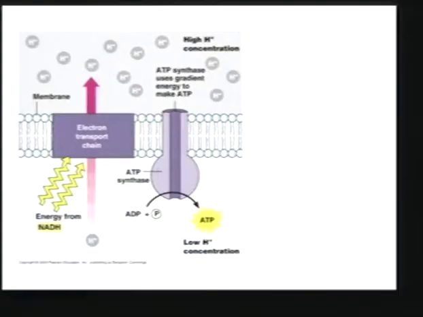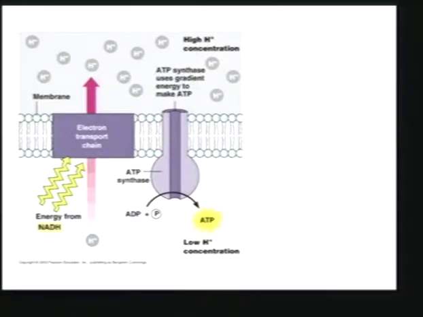All right, so here is what's happening in the mitochondrion. The energy from NADH, FADH2, those high-energy electrons, pass through the electron transport chain. That energy is used to pump hydrogen ions across the inner mitochondrial membrane. You have a gradient of hydrogen ions, high out here, low inside the mitochondrion.